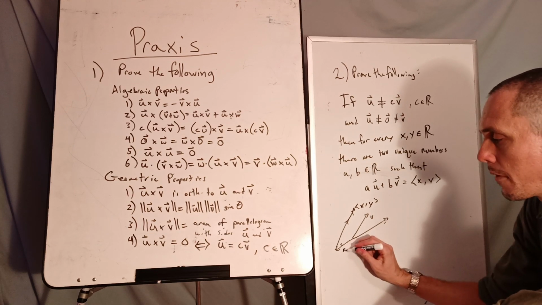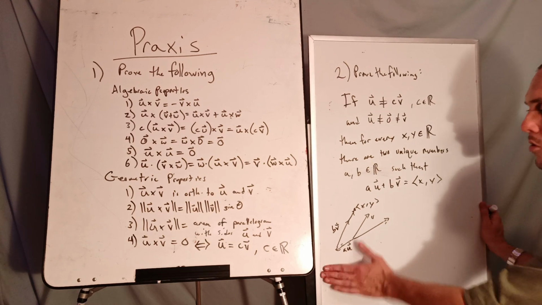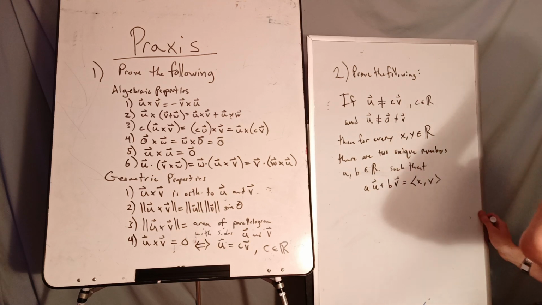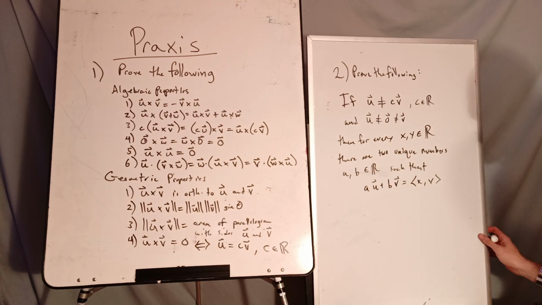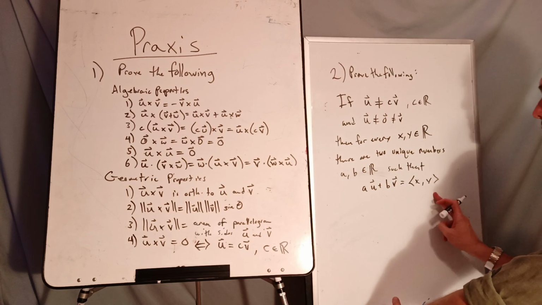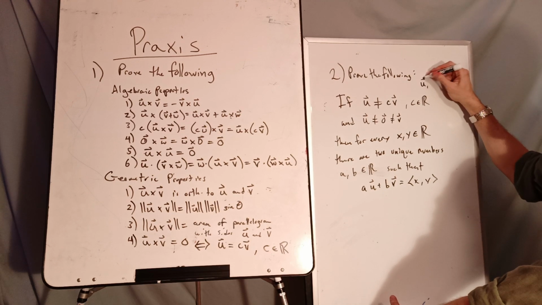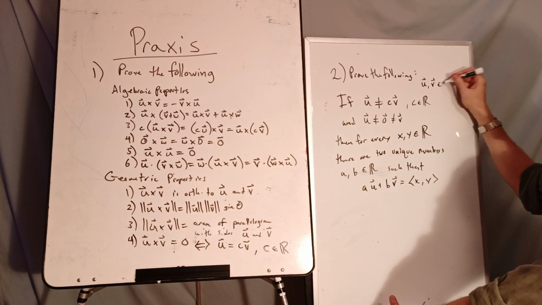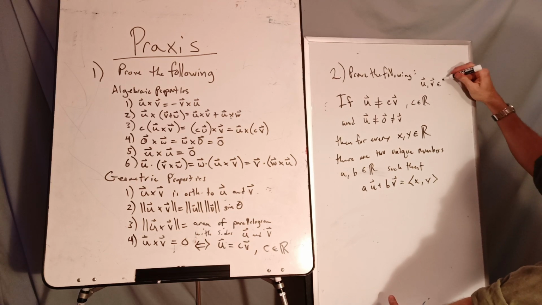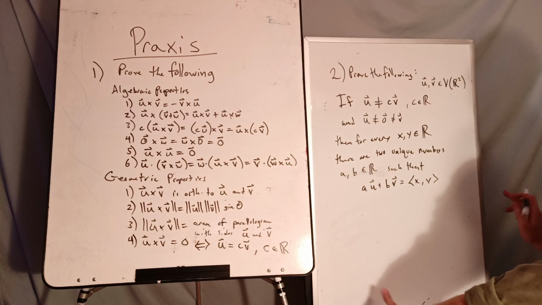There should be some way to do it. Let's let this be in the plane. Let's not worry about 3 dimensions. Let's just worry about this vector in the plane. We'll say u and v are in the vector space R2, that these are 2-dimensional vectors.